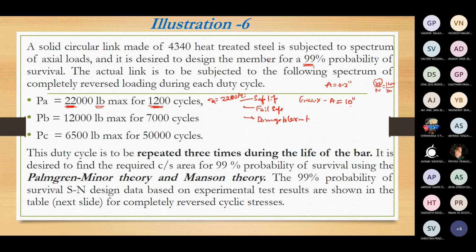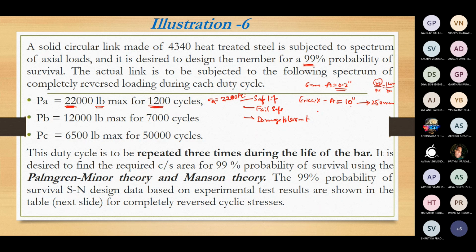You see, in the problem we started with 0.2 inch, approximately 6 mm. And 10 inch means at least 250 mm. You see the difference in sizes. So 6 mm is here and 250 mm is there. That much larger is what we are assuming with 10 inch.